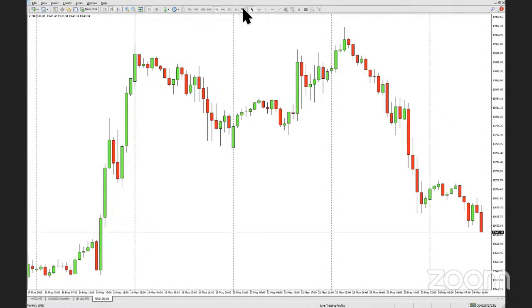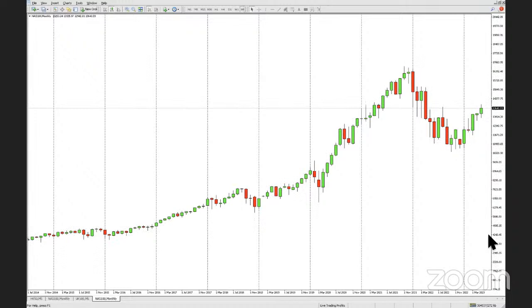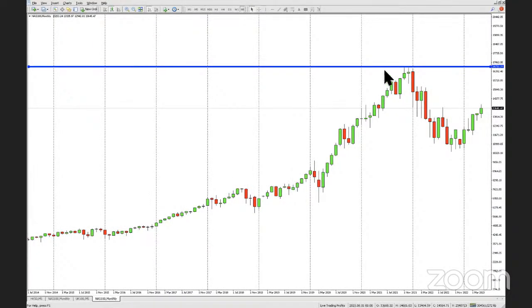Okay, then, the first thing I always do is just go to the monthly, and there are things you can do quickly. You can quickly see the all-time high. You can use an acronym, ATH, or write all-time high if you want. It's up there.